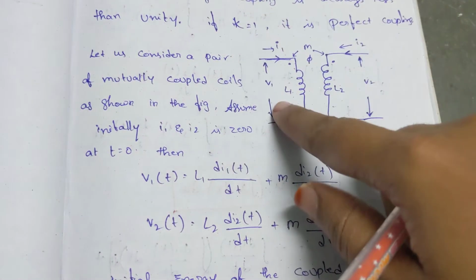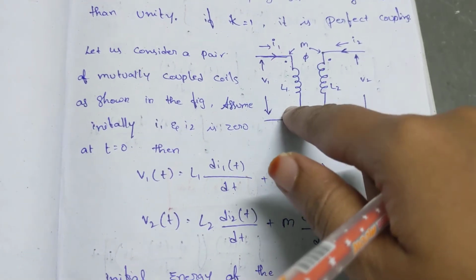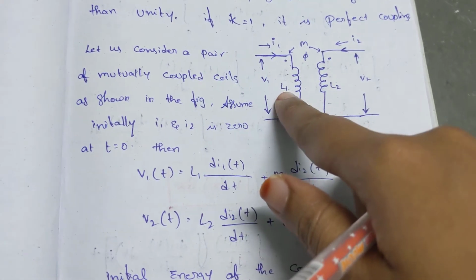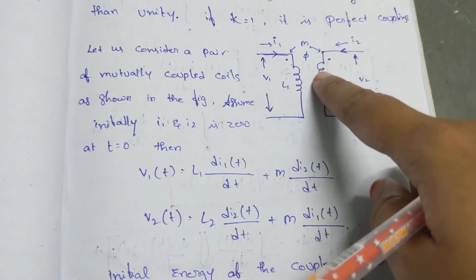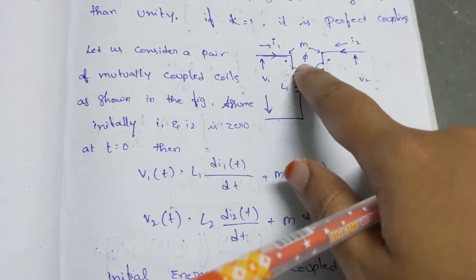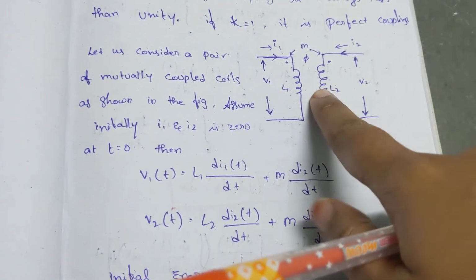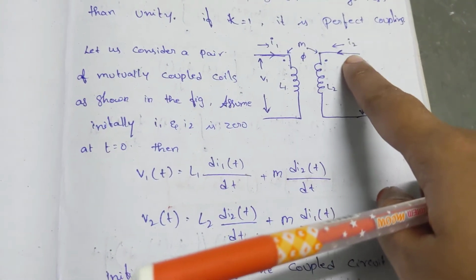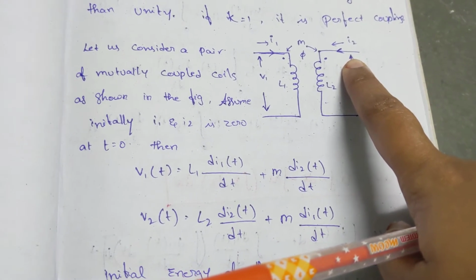Apart from this self inductance, the flux flowing in coil number 1 is responsible for current flow in the second coil also, because it is a magnetically coupled circuit. These flux lines move through the core and cut coil number 2 also, and are responsible for the flow of current in coil number 2.